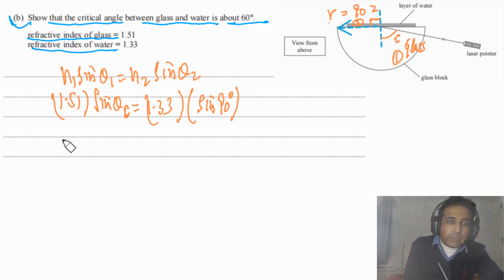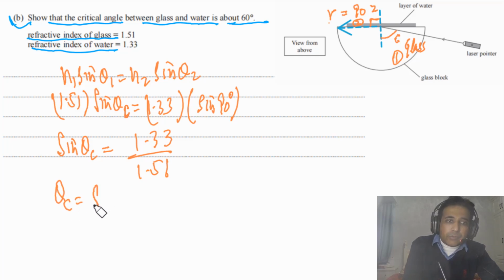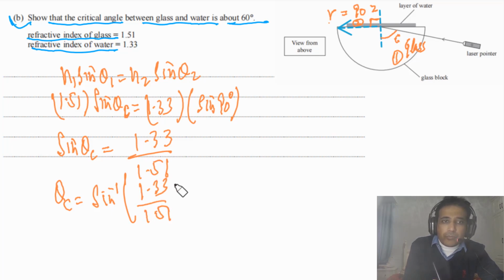Now from here we need to find sine of theta C. This has to be equal to 1.33 divided by 1.51. We need to find the value of the angle, so we can take sine inverse of 1.33 divided by 1.51. If we simplify this, we will get 61.7 degrees.